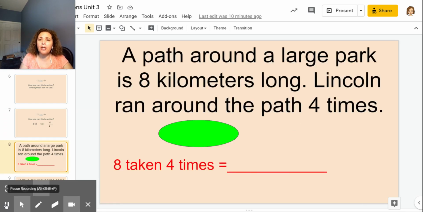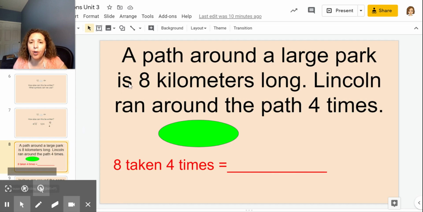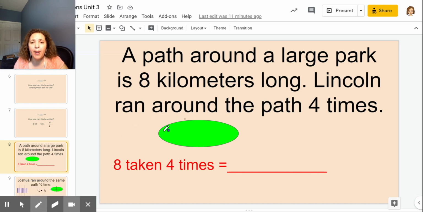Okay, let's start out by looking at this problem. A path around a large park is 8 kilometers long. Lincoln ran around the path 4 times. So the path is 8 kilometers around, and someone runs it 4 times. 1, 2, 3, 4, right?